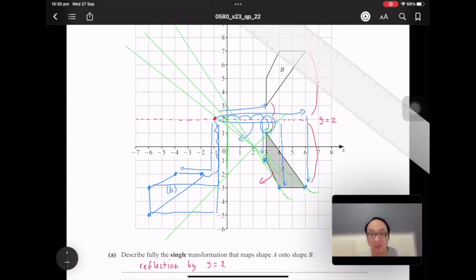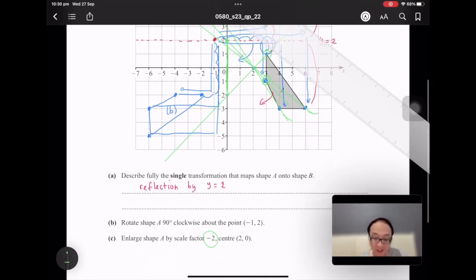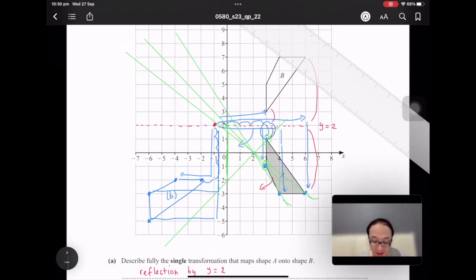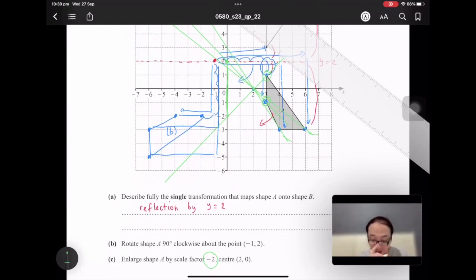Actually, we can count. The negative scale factor means the image will be on the opposite side of the center. So we can just do the reverse process by multiplying everything by 2.